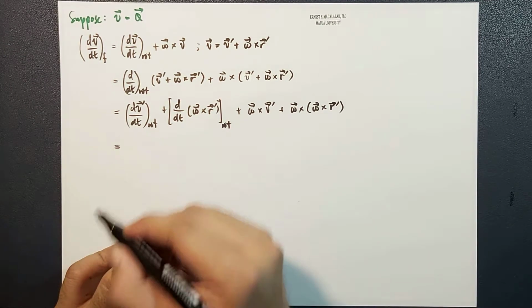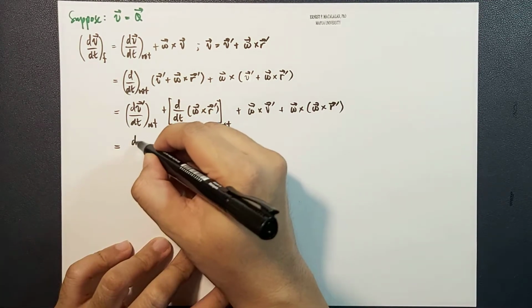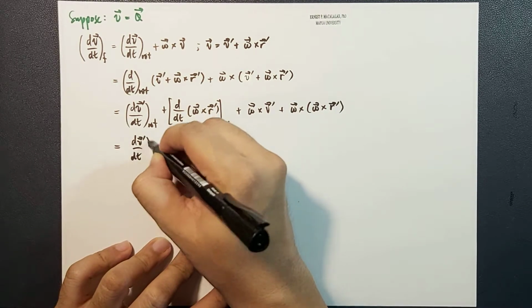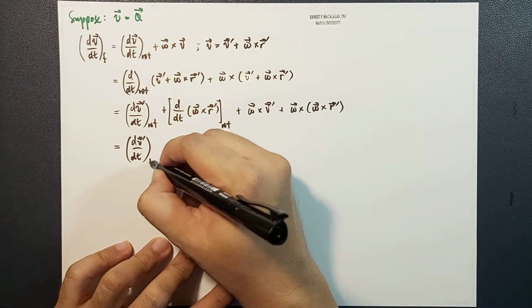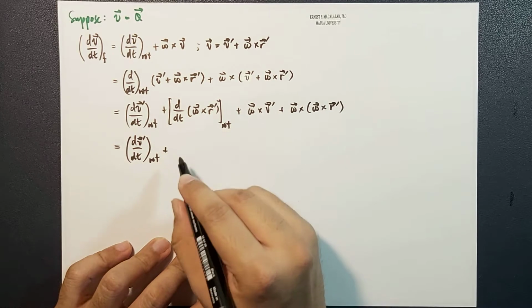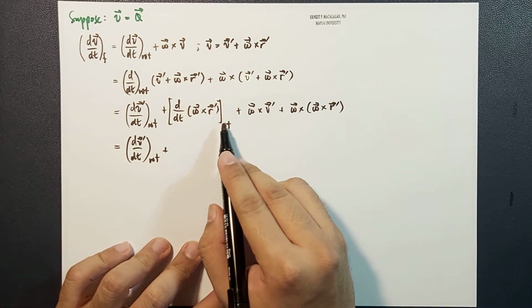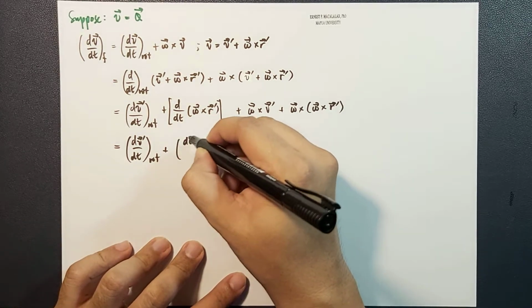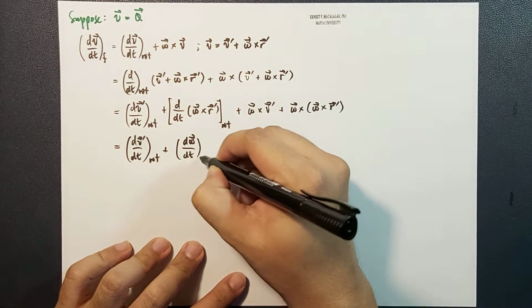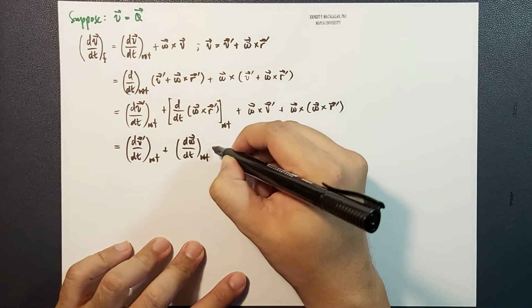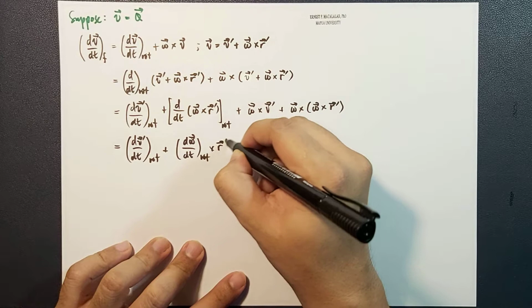and this is equal to what? This is equal to the derivative of v prime with respect to time in the rotating frame plus, here we're going to apply the chain rule, the derivative of omega with respect to time in the rotating frame cross r prime.